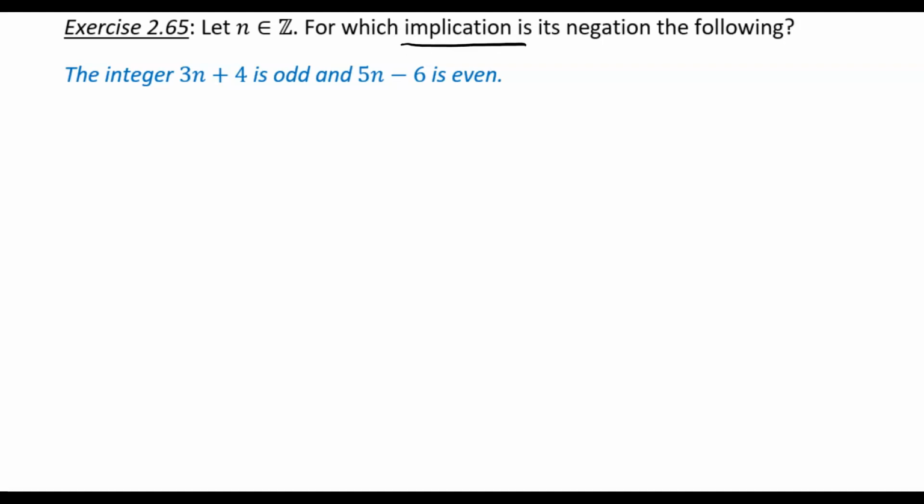So let's look at this. If this is the negation of an implication statement, we know that if you have P implies Q, then the negation of this is equivalent to P and not Q.